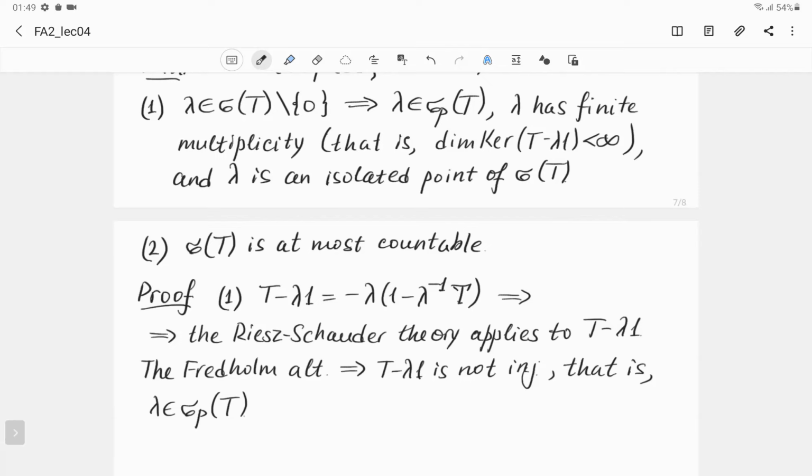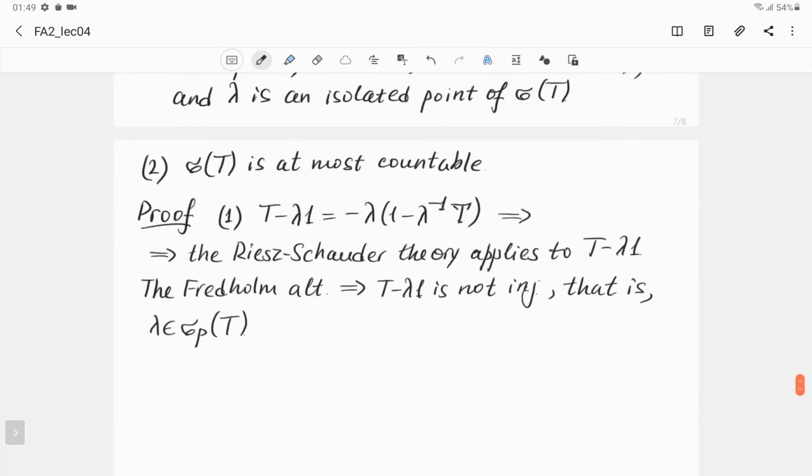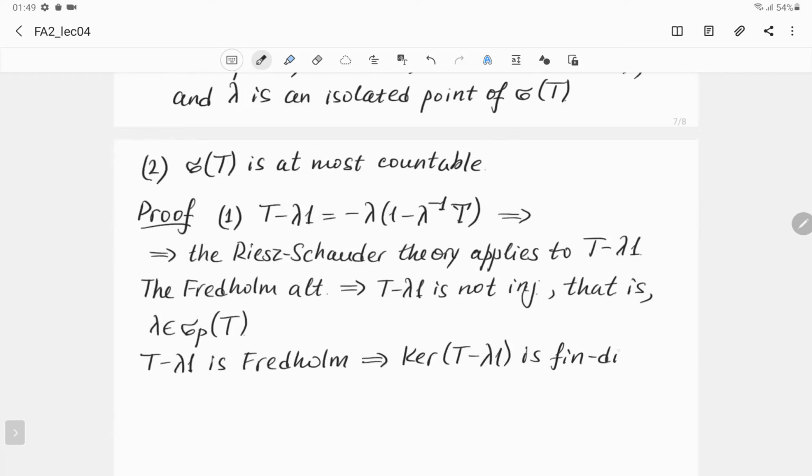Also, we know that our operator T minus lambda is Fredholm. In particular, this implies that the kernel is finite dimensional. That is, lambda has finite multiplicity.